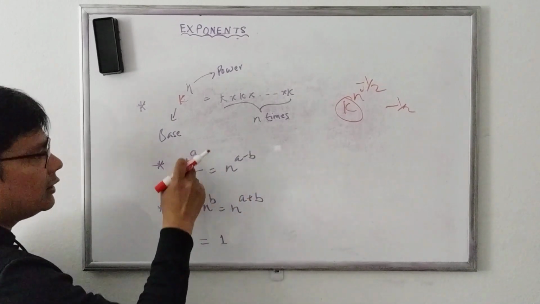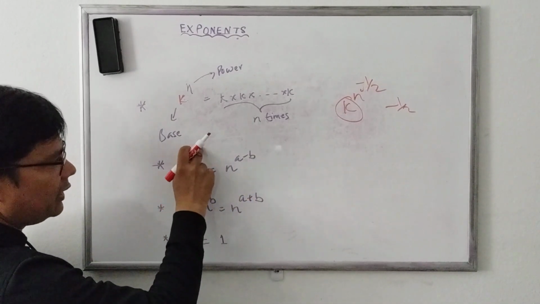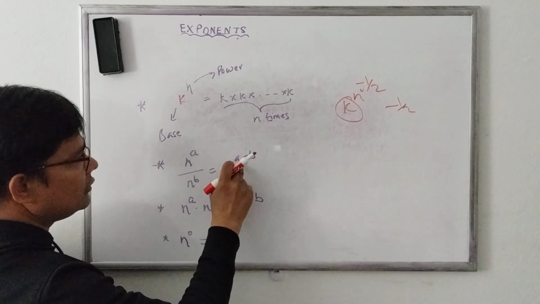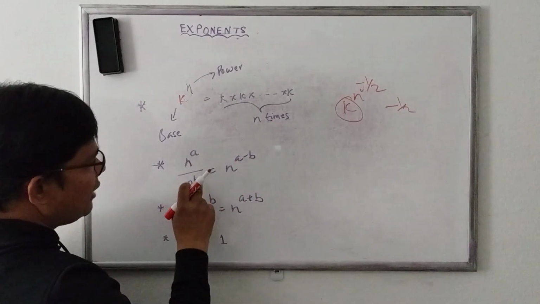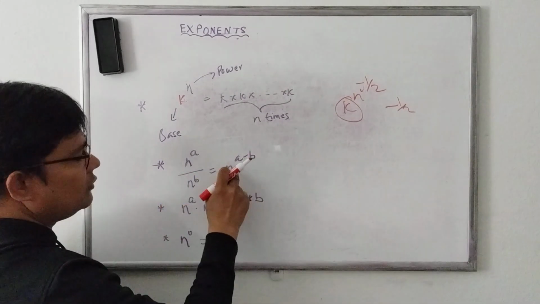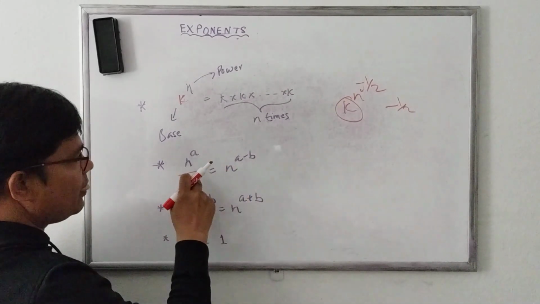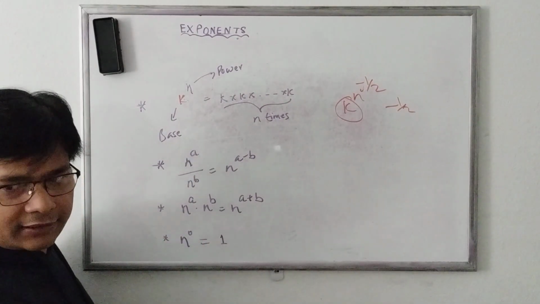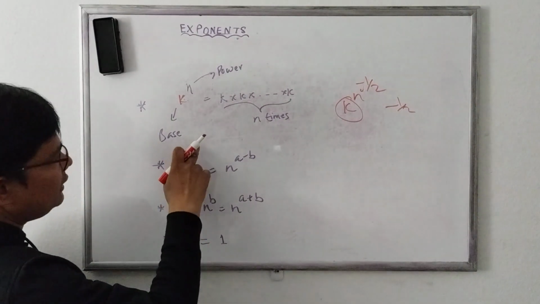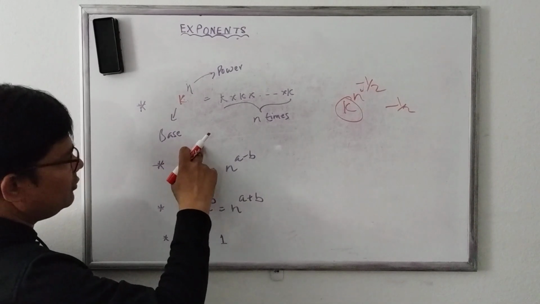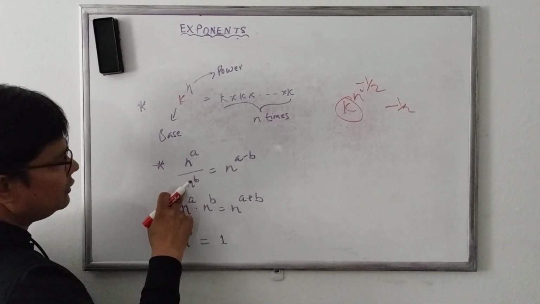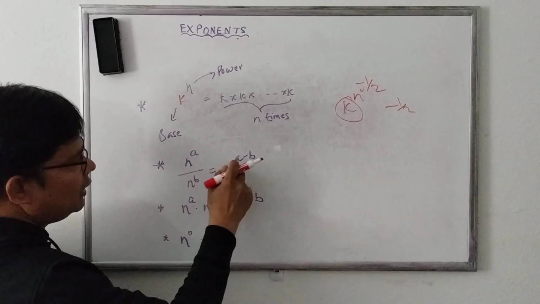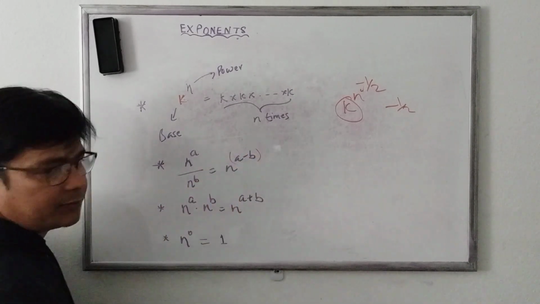Make sure you subtract b from a, and you don't subtract a from b. In that case, you would have to apply the negative sign. So basically, take the exponent of the numerator and the exponent of the denominator and do a minus b.